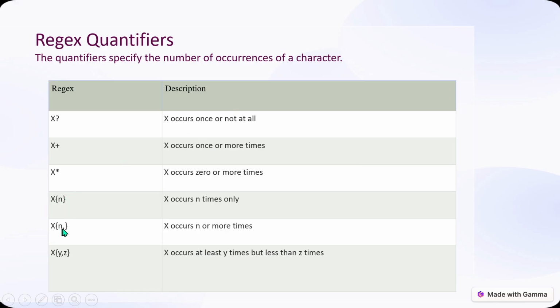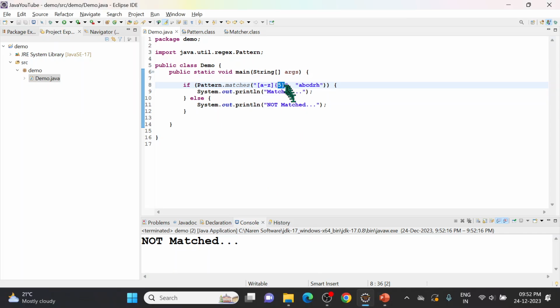And this is n comma, that means x occurs n or more times. Before, 5 meant it should be exactly 5.